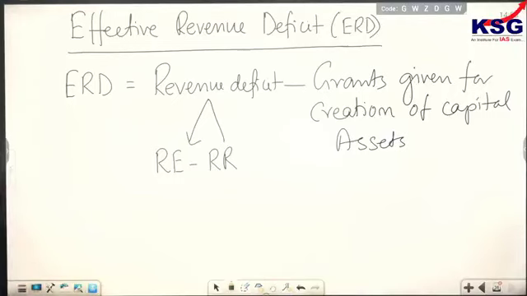But some of the grants are used for the creation of capital assets, because you give them to states for capital assets.